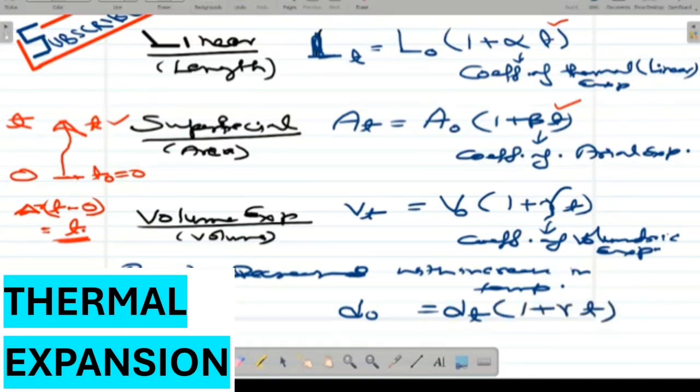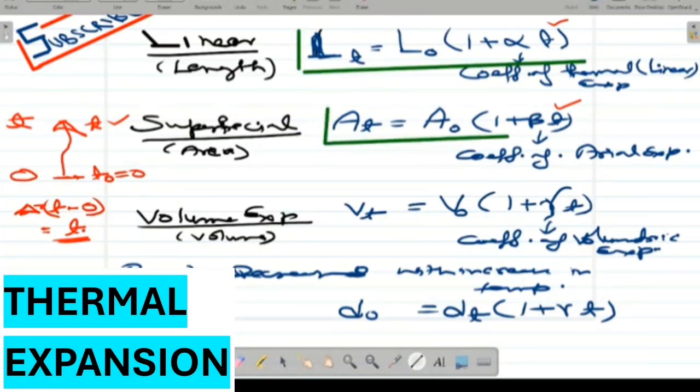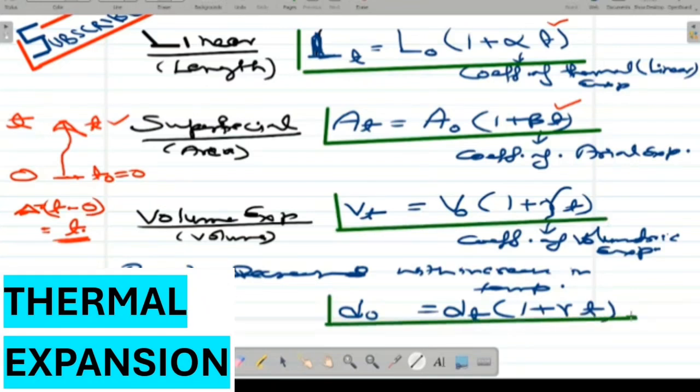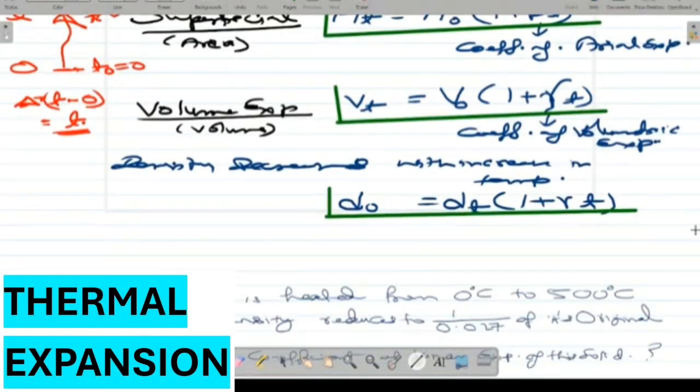So we need to keep in mind, students, that these are some basic formulas which we will use to solve the numericals based upon these. So this is one, this is another areal, this is for volumetric expansion, and this is for density, how it is related. Now students, we will try to solve some numericals which I have already noted down. They are good examples.